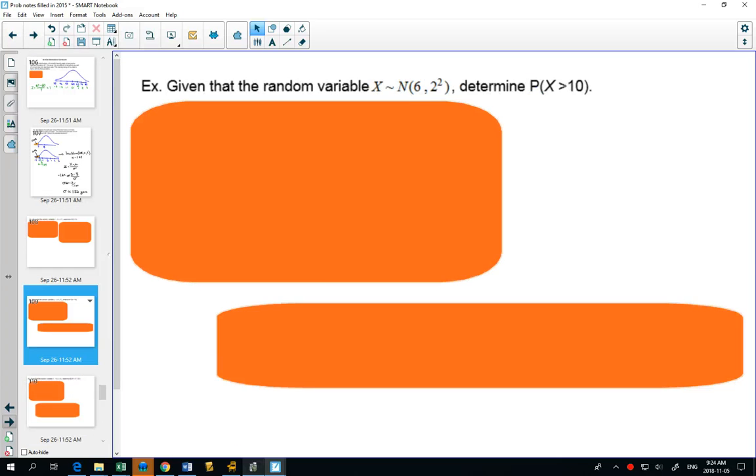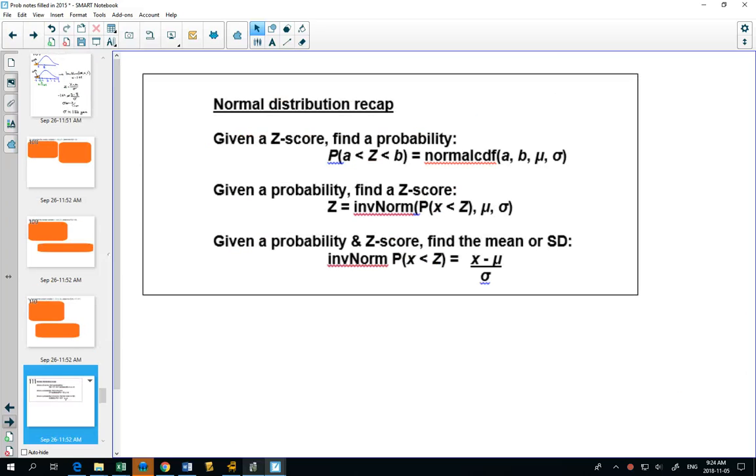But I want to look at the summary right at the end. For normal distributions, you can categorize things into 3 types. If you want to find a probability, and it can be given a z-score or just a regular score, you're going to use your normal CDF.